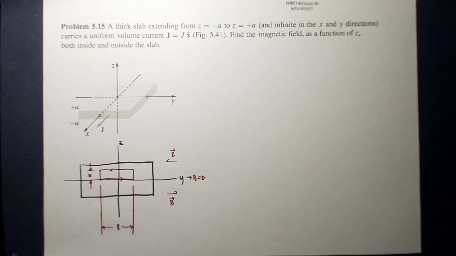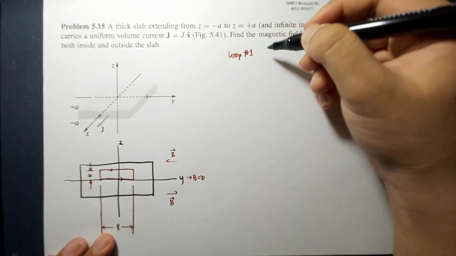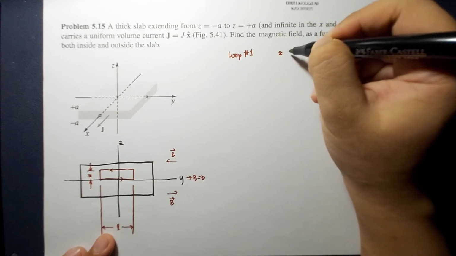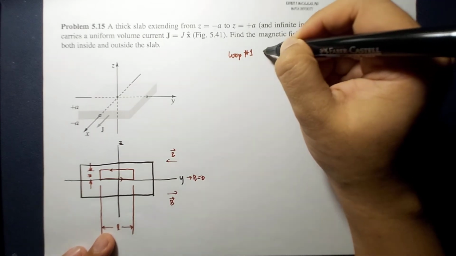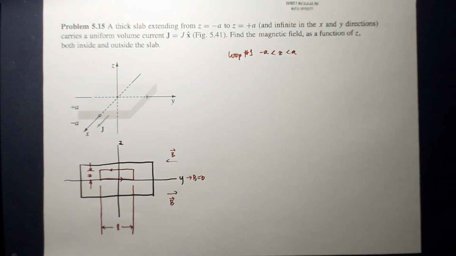Now for the first loop, we're considering the region where z is less than a and z is greater than negative a.